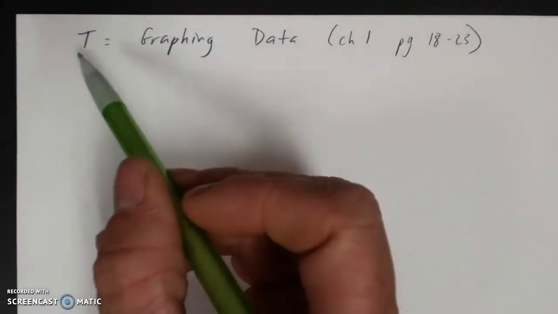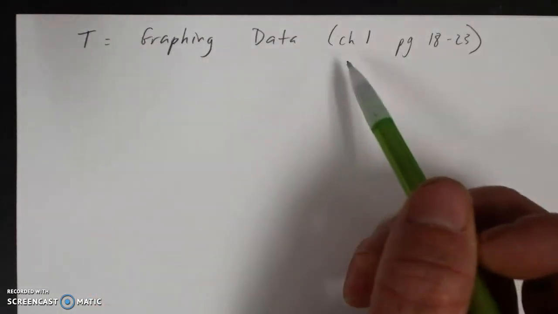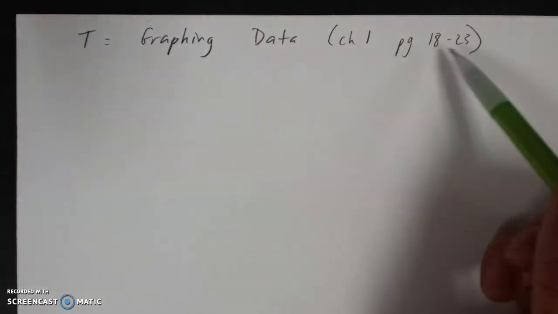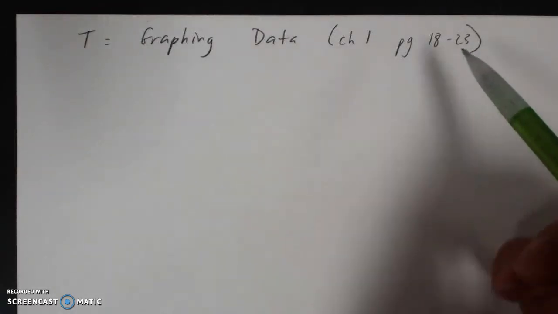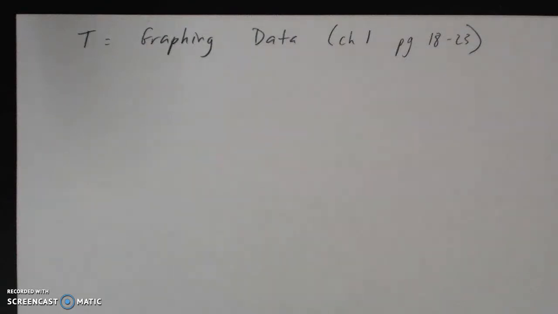So what I've done here is I write T equals graphing data, chapter 1, pages 18 through 23. You don't have to have that part there as long as you tell me what this is about, because really notes are for you to refer back to, and if you stay organized, they'll actually be useful instead of just being a hoop that you jump through for a teacher.